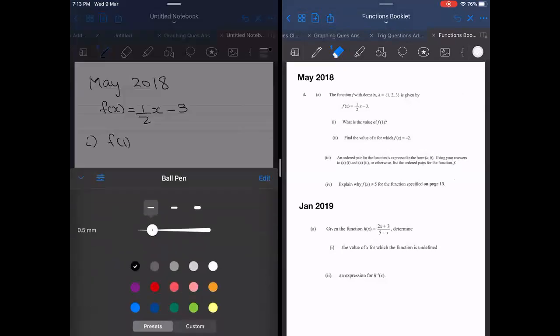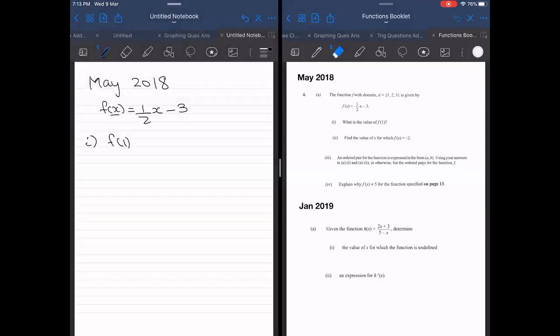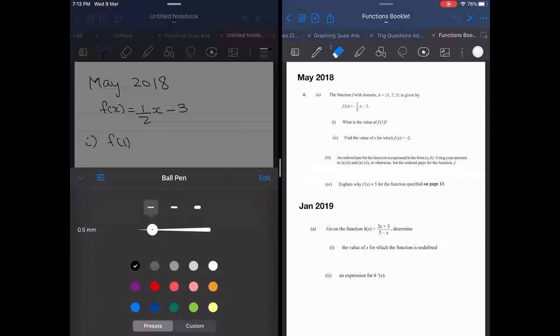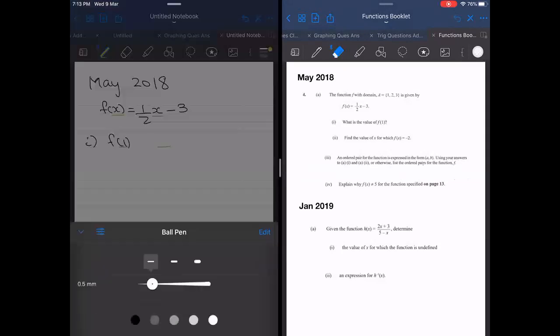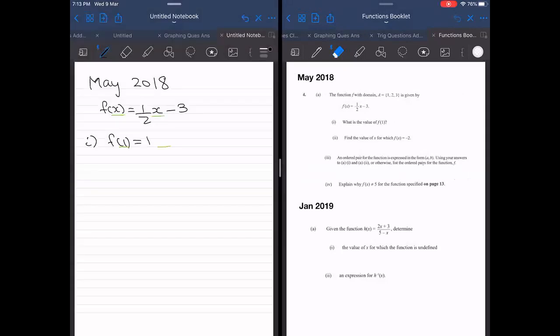All right, so we know f of 1 means where we see x, we need to put 1. So it's going to be a half times 1 minus 3, which is a half minus 3. And of course, you can put it in the calculator or you work your fractions, whichever one.